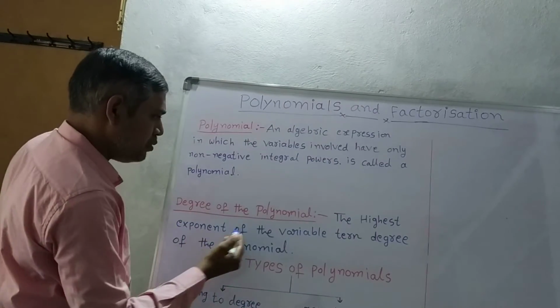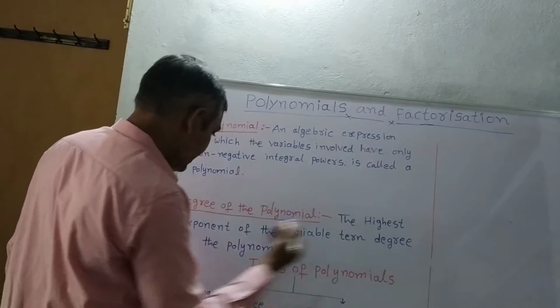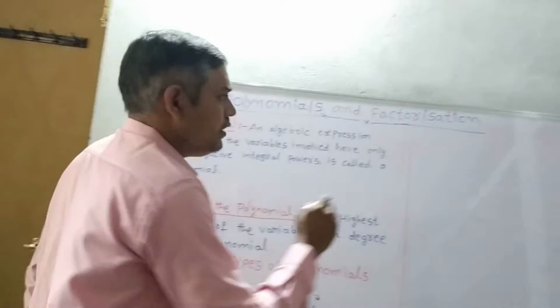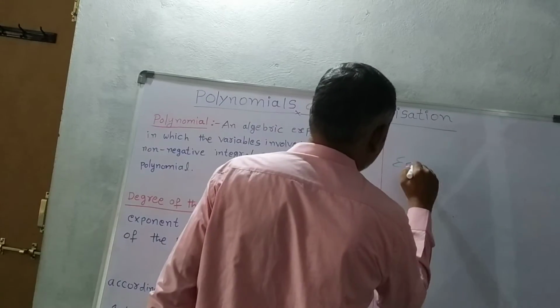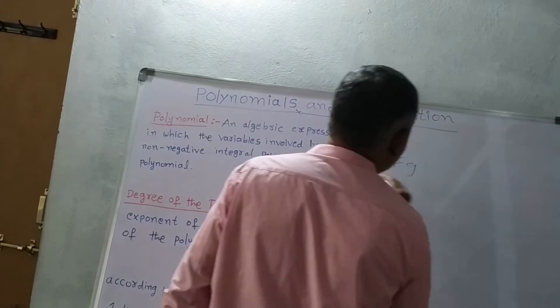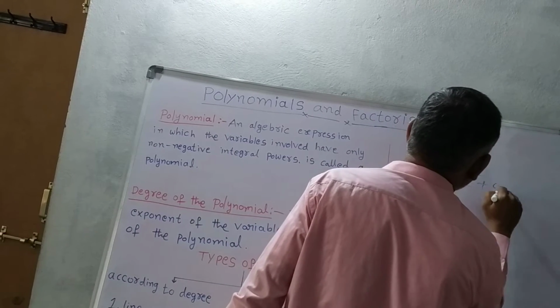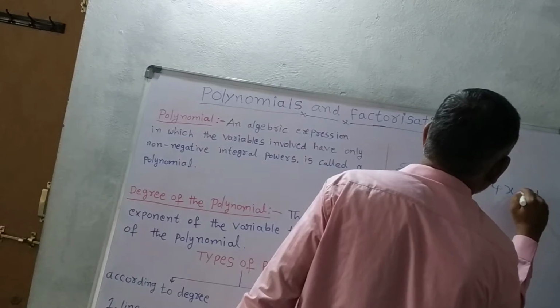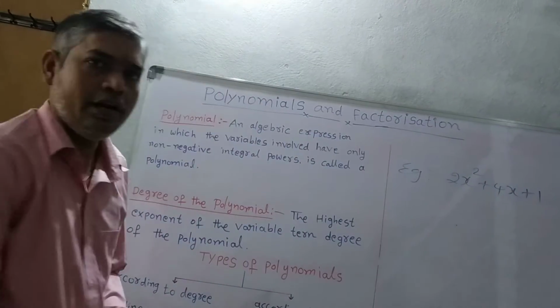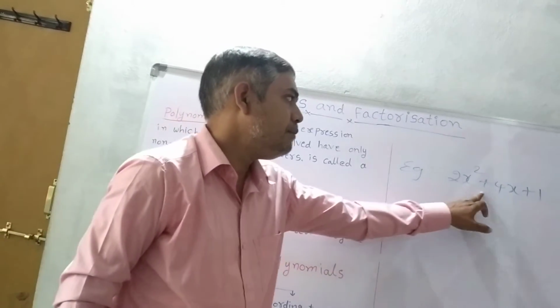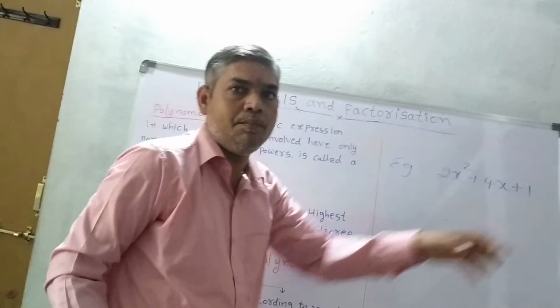The highest exponent of the variable term is the degree of the polynomial. Now we are taking an example: 2x square plus 4x plus 1.